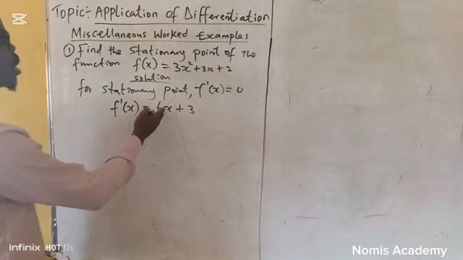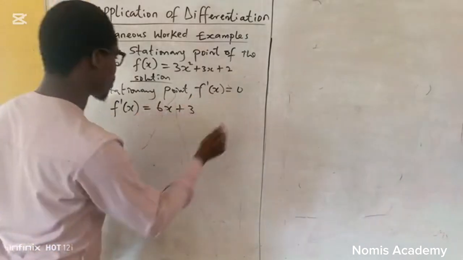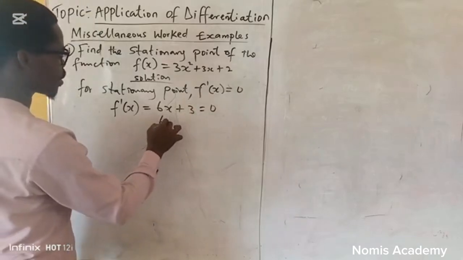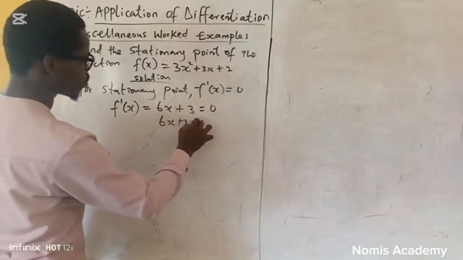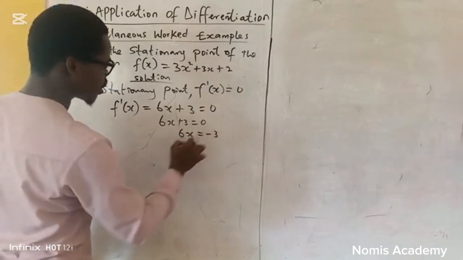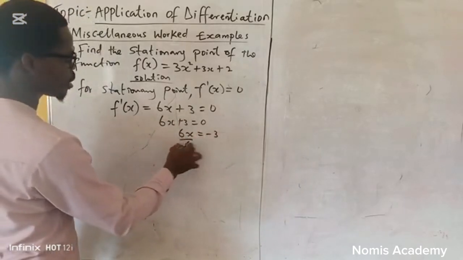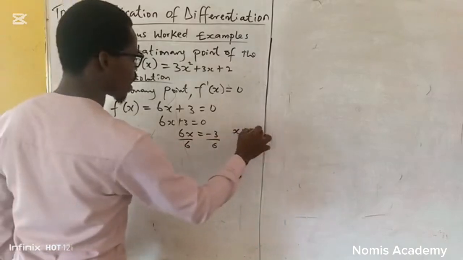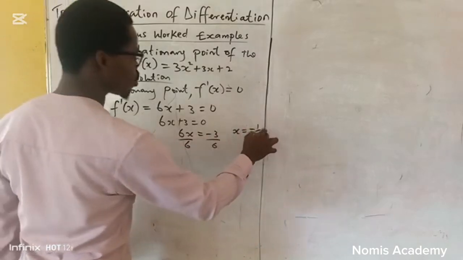Alright, at this point, we have this equal to 0, so we equate it to 0 to find our x. When you divide both sides by 6, x is equal to minus 1 over 2.